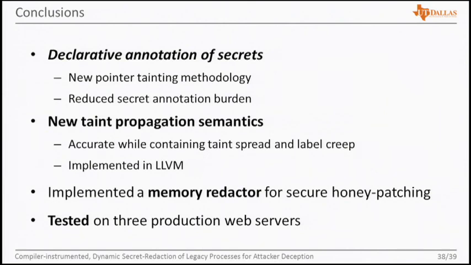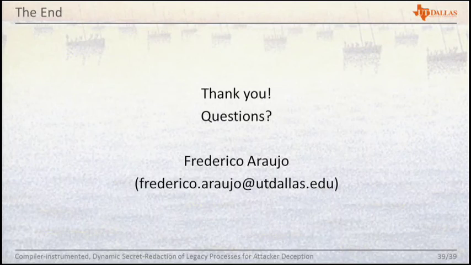And as a use case for this taint tracking framework, we've implemented a memory redactor for secure honeypatching and tested it on 3 production web servers. So with that, I conclude my talk, and I would like to take your questions.